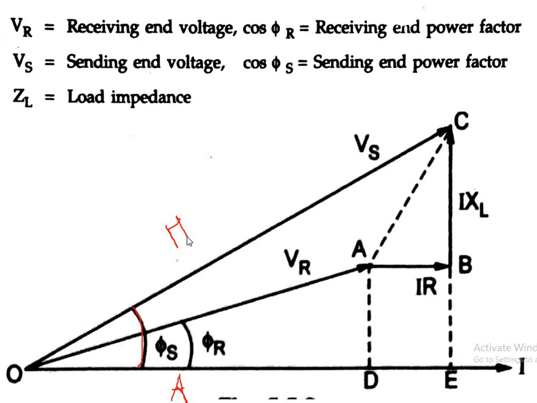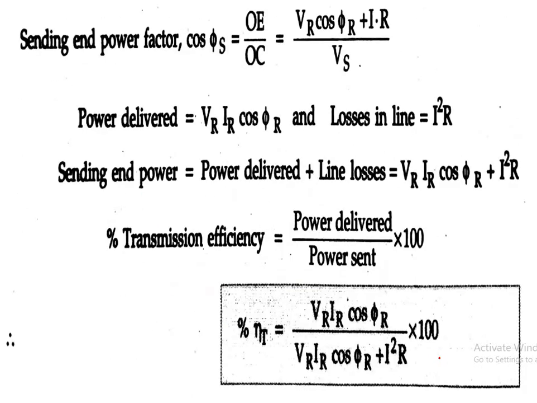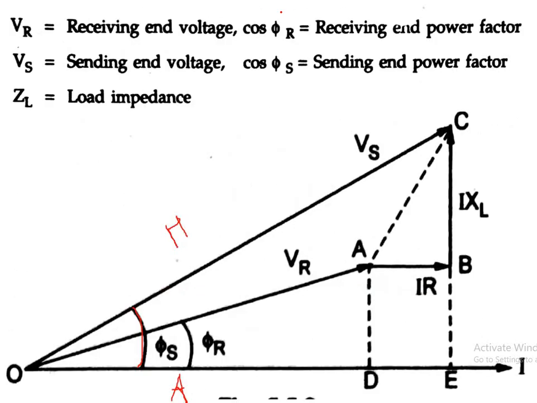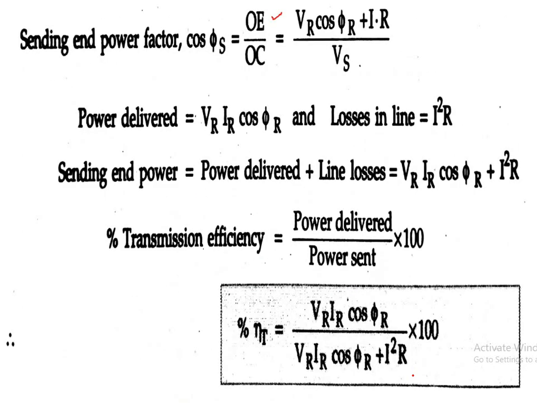The adjacent side is OE, and the hypotenuse is OC, which is Vs. OE is nothing but OD plus DE. OD is the component VR cos phi r, plus DE, which is IR. So cos phi s is VR cos phi r plus IR divided by OC, which is Vs.